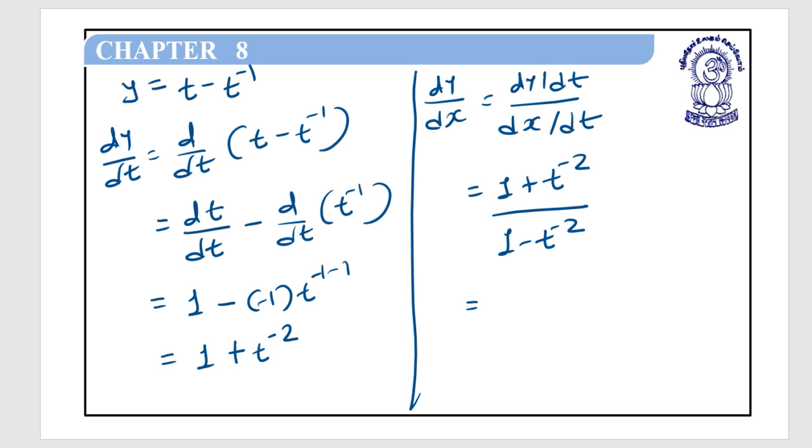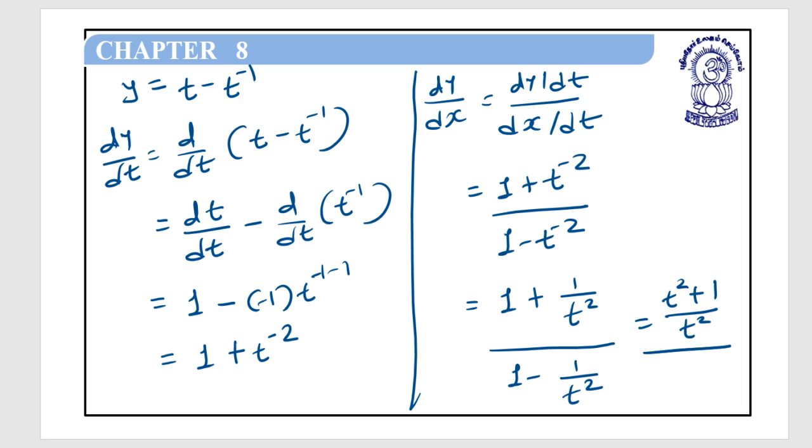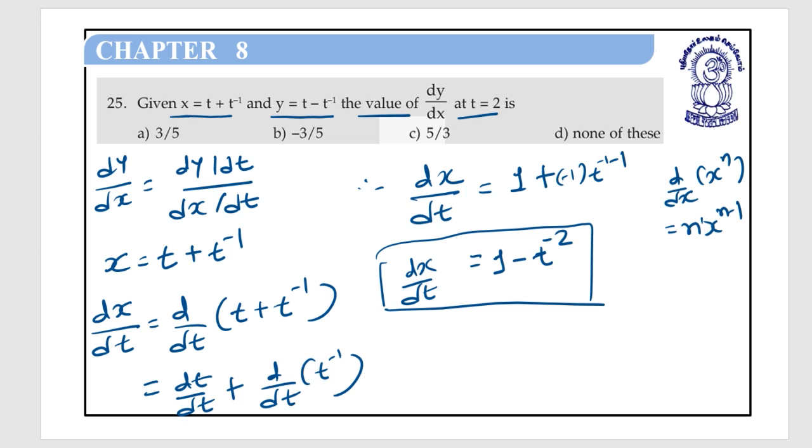So, 1 plus 1 upon t square, 1 minus 1 upon t square, is equal to t square plus 1 upon t square minus 1 upon t square. So, t square cancel. So, dy by dx is equal to t square plus 1 upon t square minus 1.